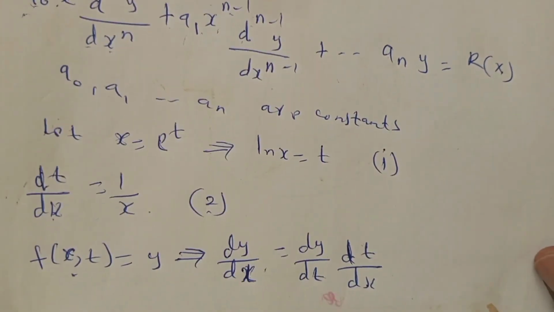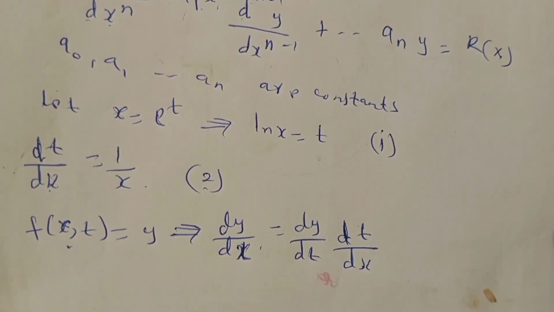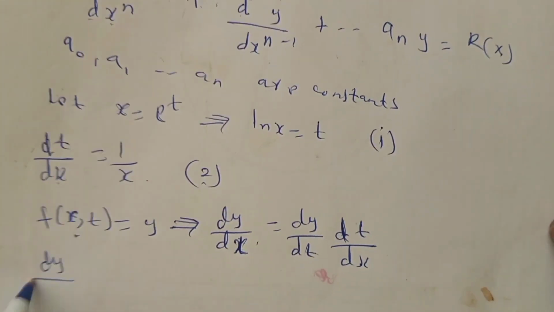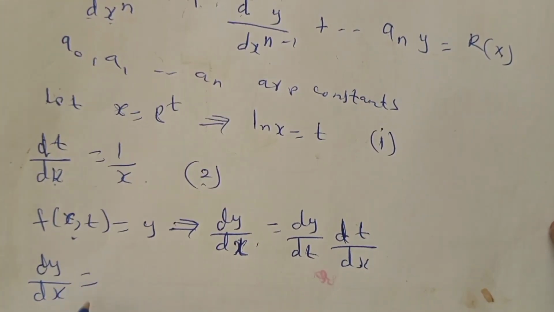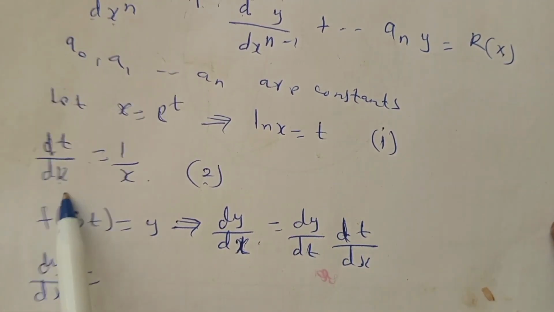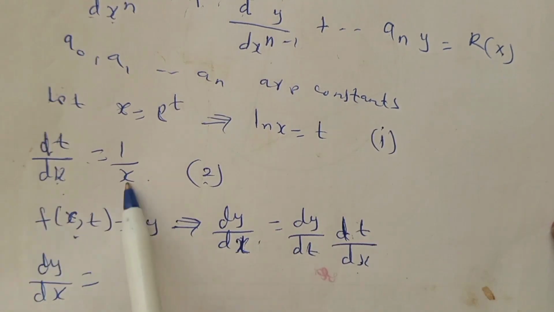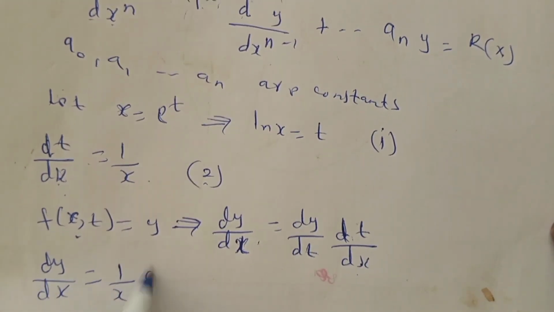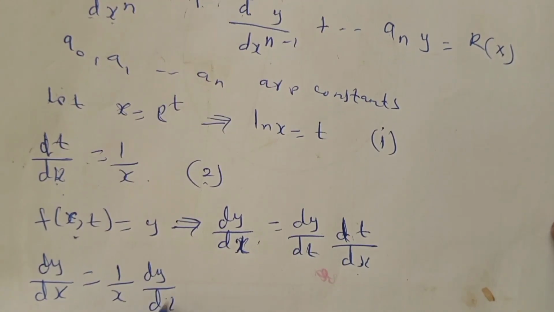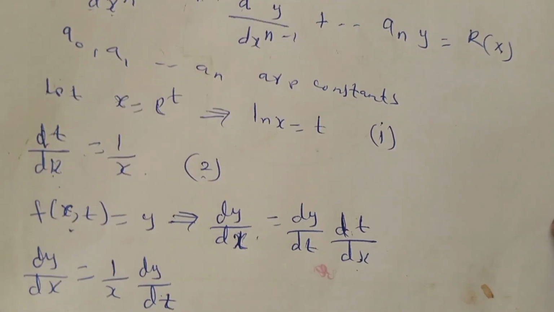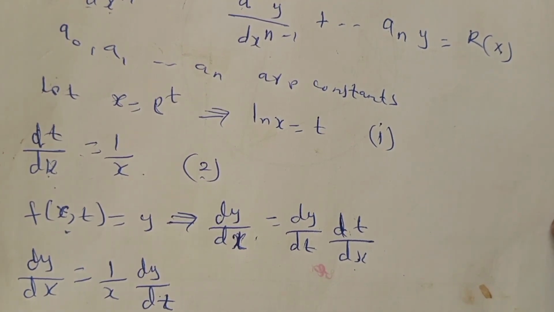So dy over dx will be equal to, in this case, dt over dx is 1 over x, so we have 1 over x dy over dt.